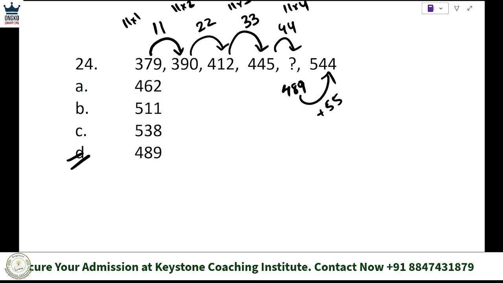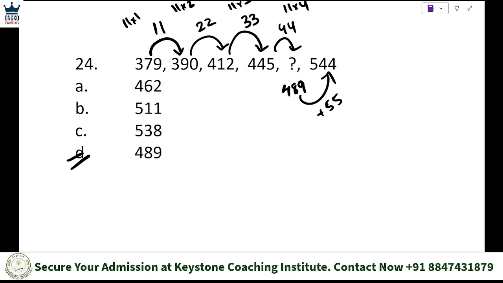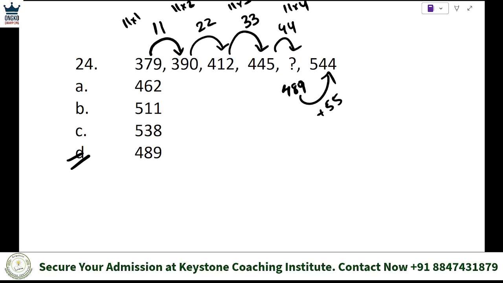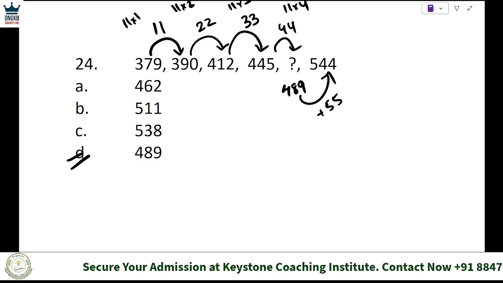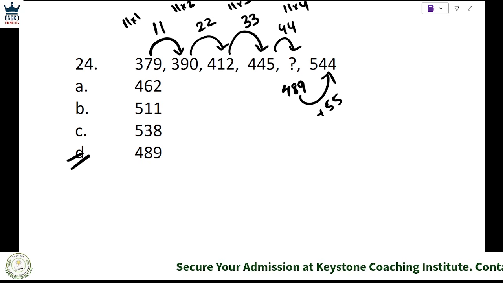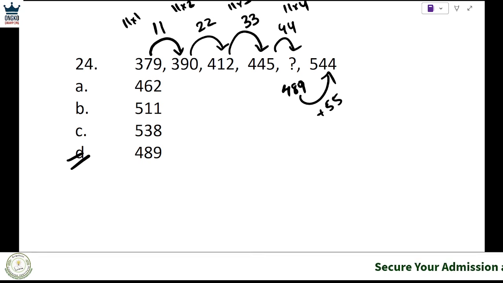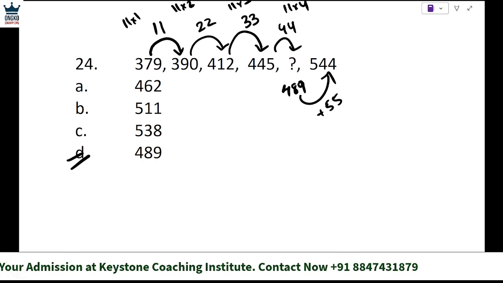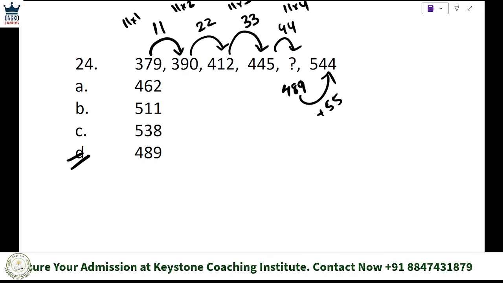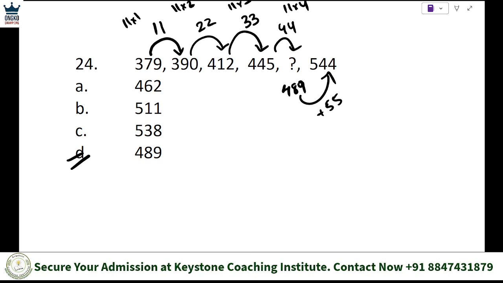So as long as you are not fast in simplification, you will take more time in the exam. That's why we talk about time and doing sets. So simplification speed is needed. So do 5 number series questions every day and 5 simplification questions every day from Google. That will help you and enhance your CSAT speed also. Okay, let's go to question number 25.